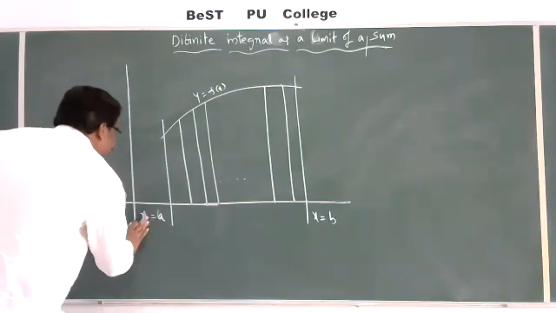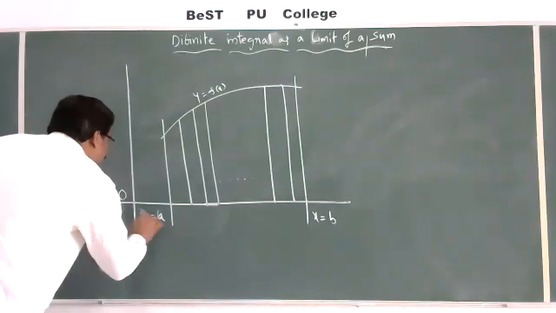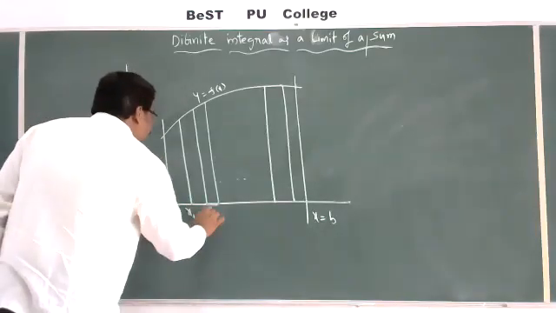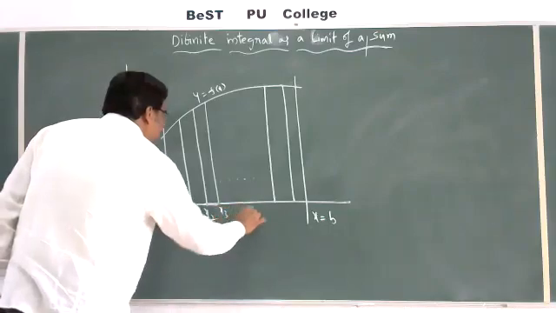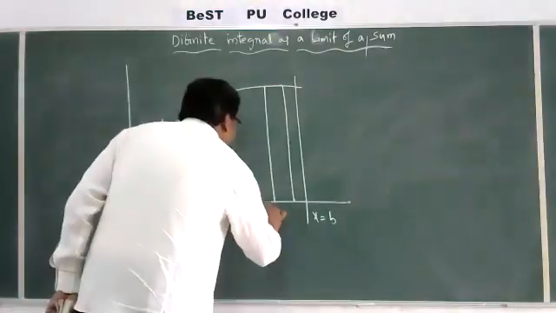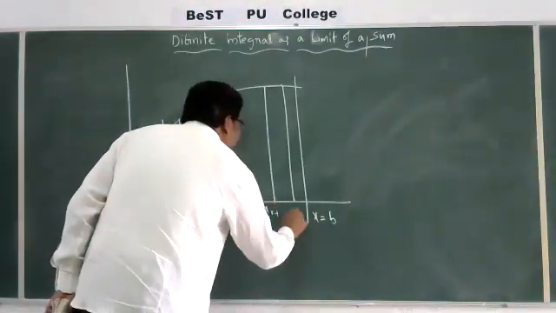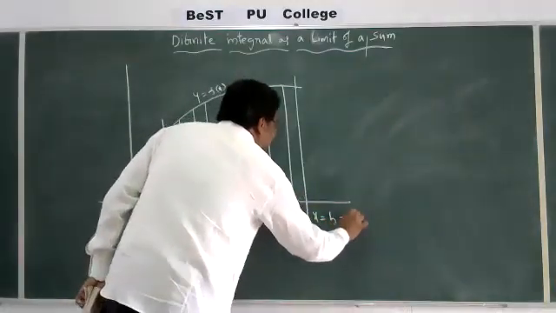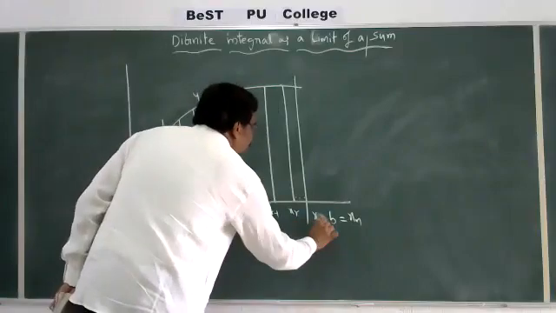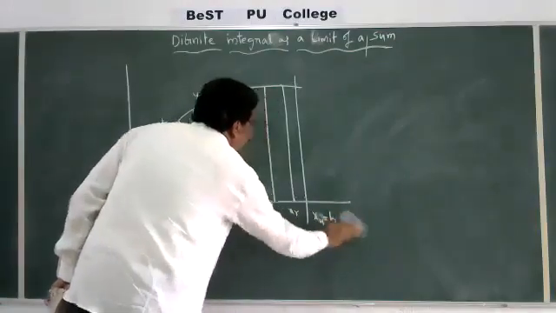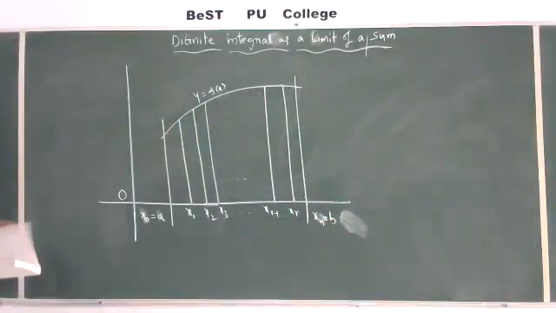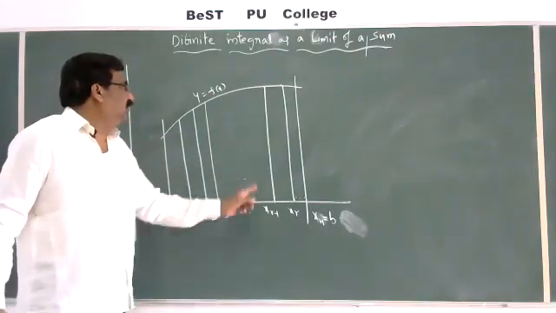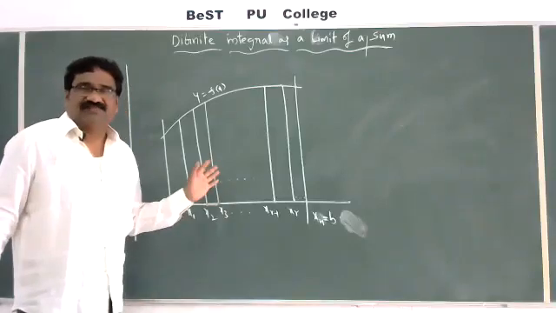That is, from starting x0 is equal to a, this line, x1, x2, x3, and so on, xr minus 1, xr, and so on xn, xn is equal to b, the nth interval. That means here also you make straight lines.